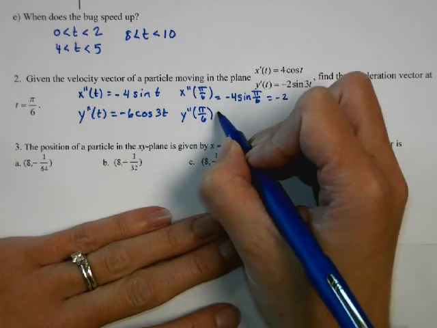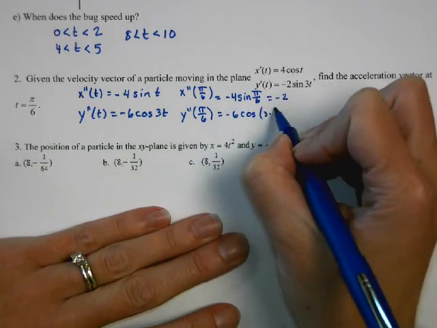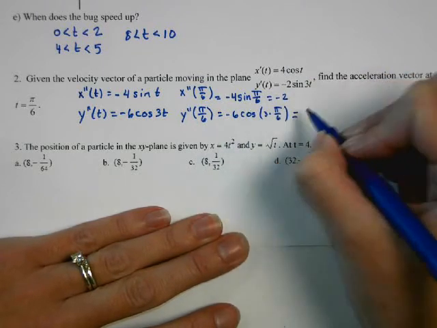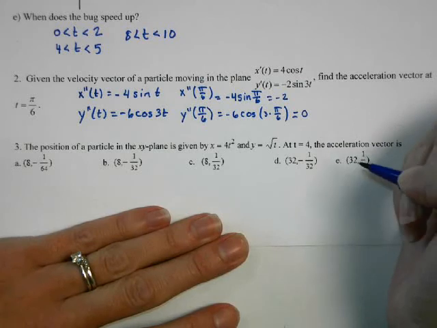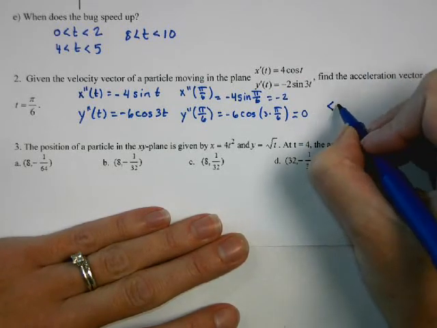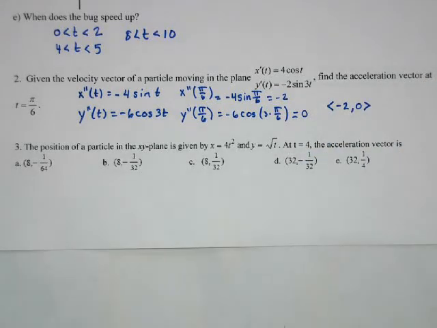Y is going to be negative 6 times the cosine of 3 times pi over 6, which would be pi over 2. Cosine of pi over 2 is 0, the x value at the top of the circle. So this acceleration vector, you can write it in different ways, but using vector notation would look like that.